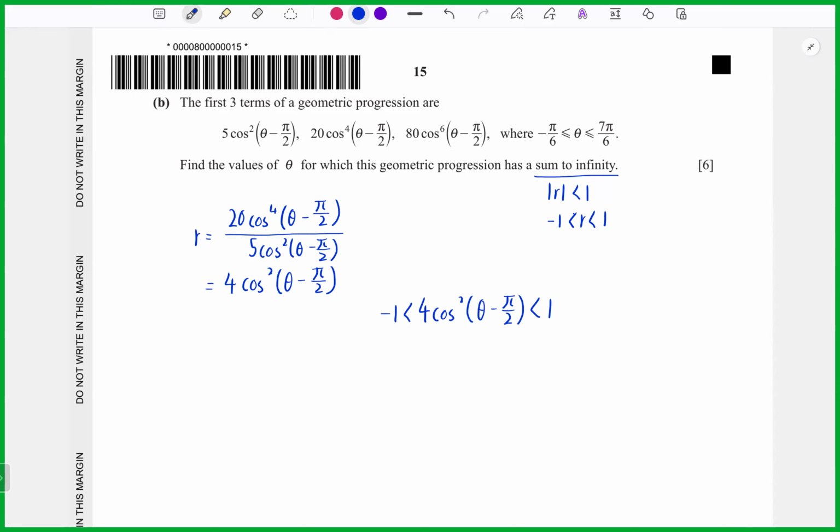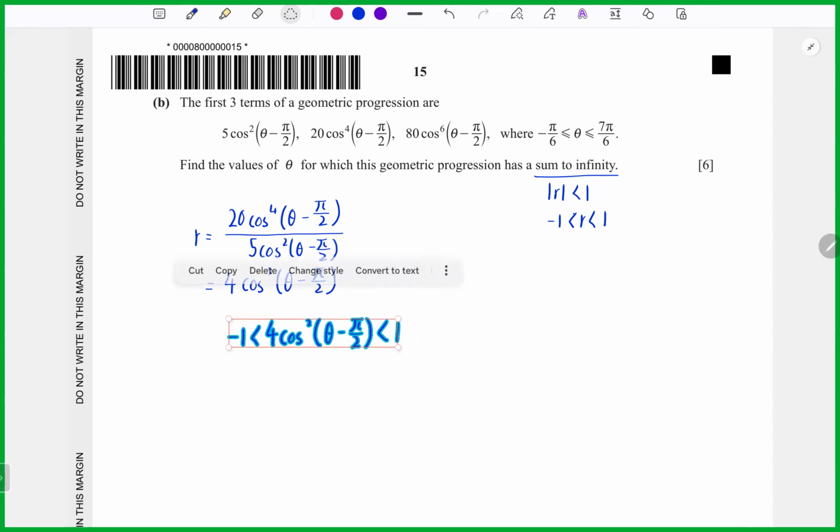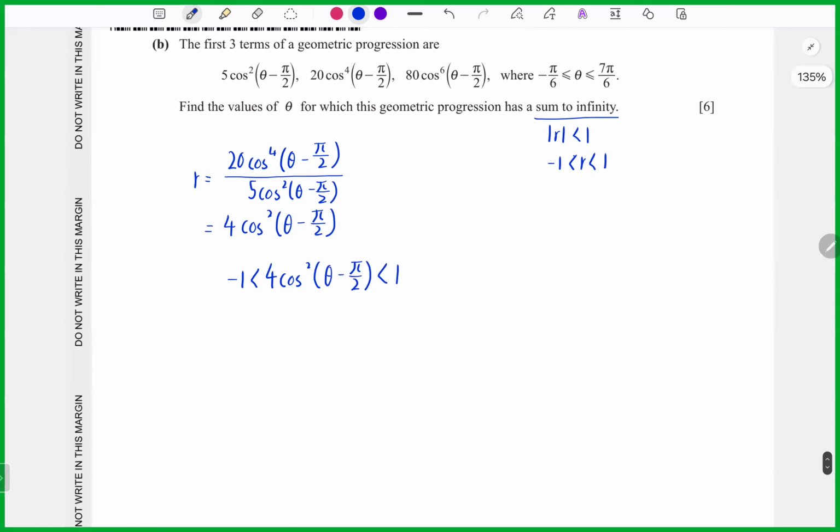I think this is quite more difficult. So I can try to take 4 cos squared (theta minus pi over 2) equals 1 first.